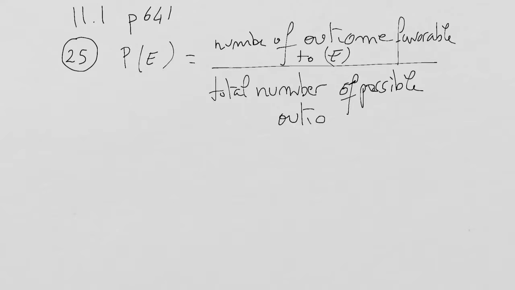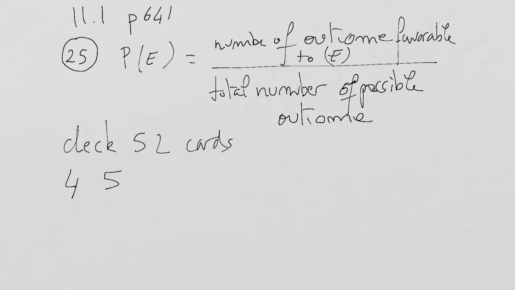In that case, what is the probability to have a 5 from a deck? Well, first of all, you should remember that the deck is made of 52 cards. And in a deck, there are four 5s.